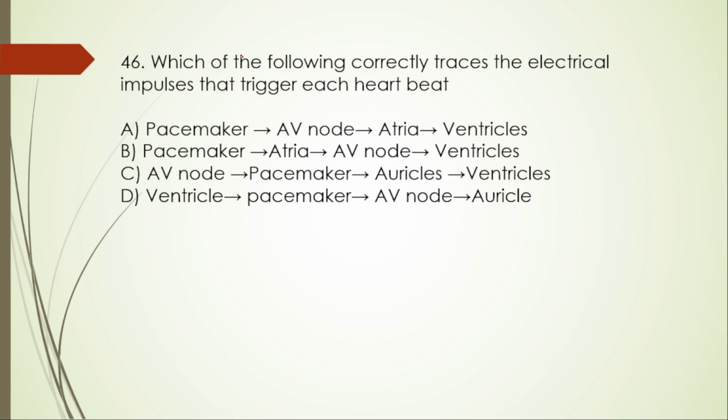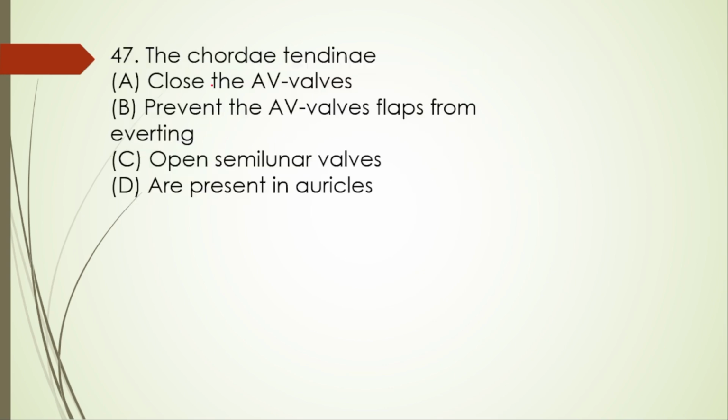A. pacemaker, AV node, atria and ventricle. B. pacemaker, atria, AV node and ventricles. C. AV node, pacemaker, auricles and then ventricles. D. ventricles, pacemaker, AV node and then auricles. So here the right option is option B. Pacemaker, atria, AV node and then ventricles. This is the part of what? Heartbeat. Next, 47.